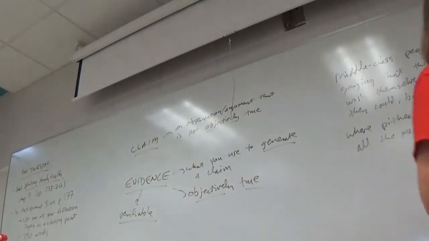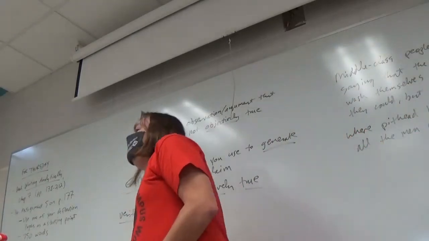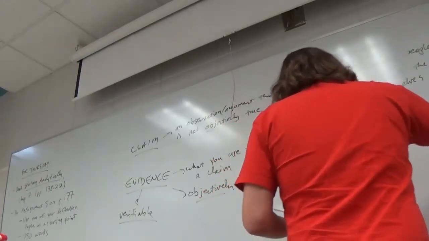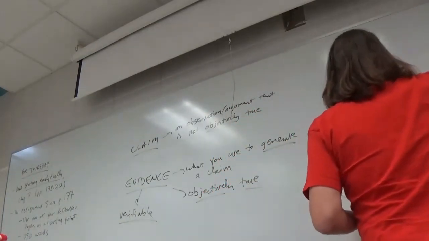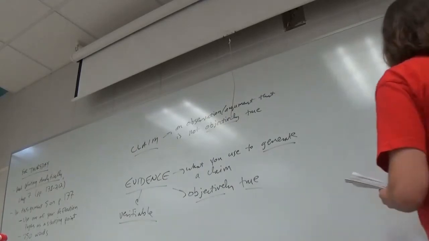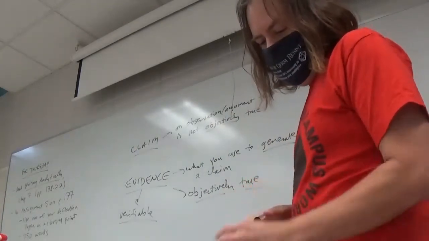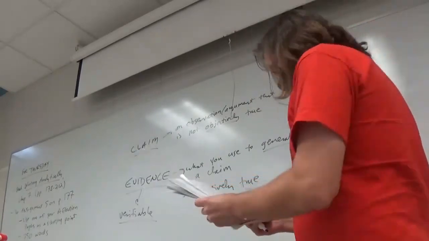All right, let's try another one. This is from an essay by the German art critic Walter Benjamin called The Work of Art in the Age of Mechanical Reproduction. So, first statement.